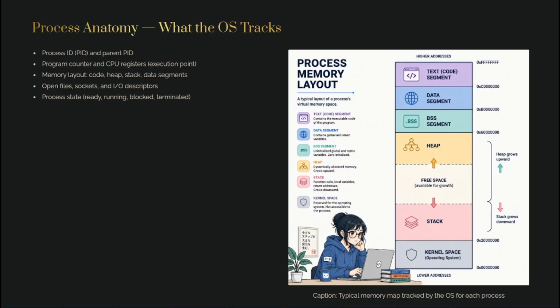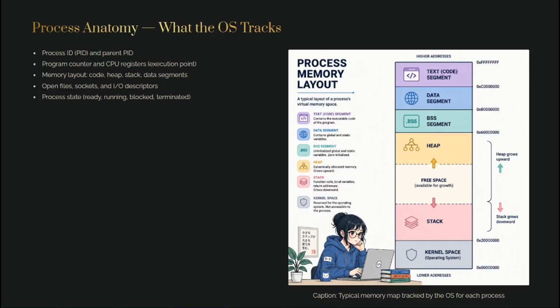First, the process ID, PID, and its parent PID, so the OS knows exactly which process is which. Second is the program counter and CPU registers. This tells the OS exactly where the process is in its execution.